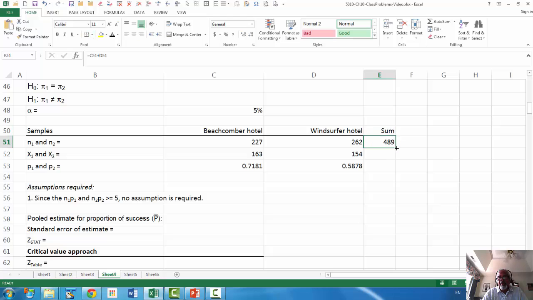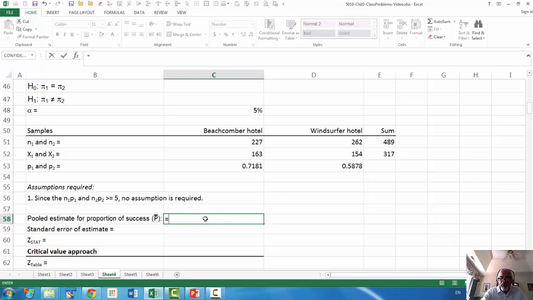If we copy that down, this will be x sub 1 plus x sub 2, and that is n sub 1 plus n sub 2. So our pooled p would be that divided by that.